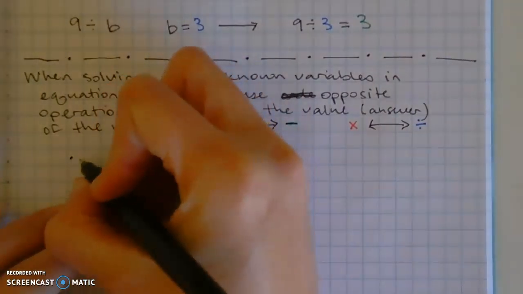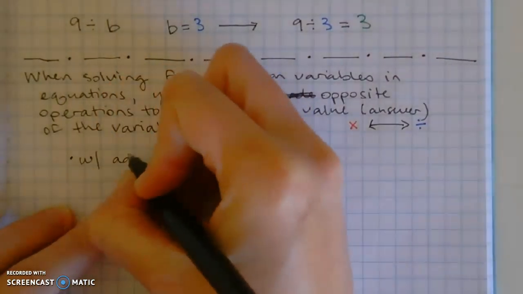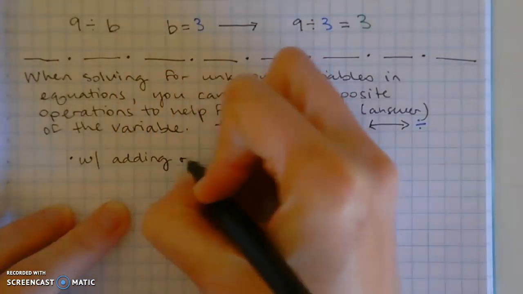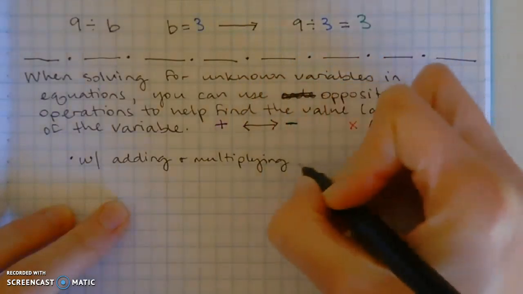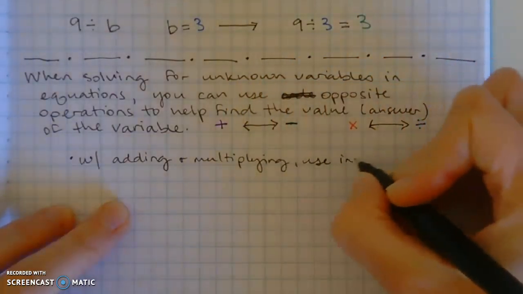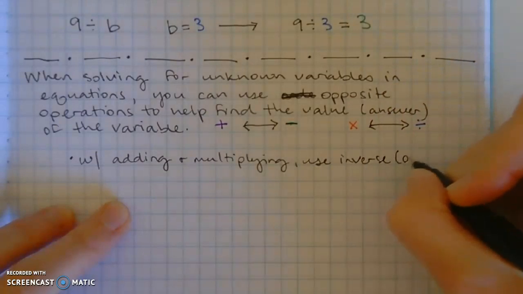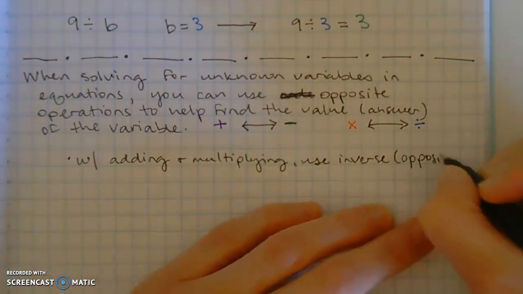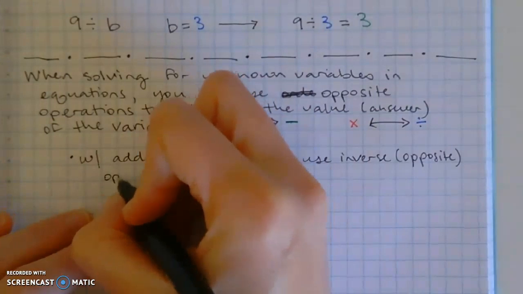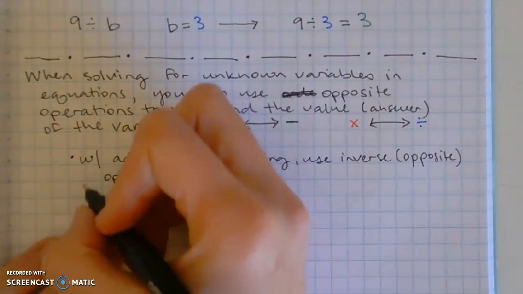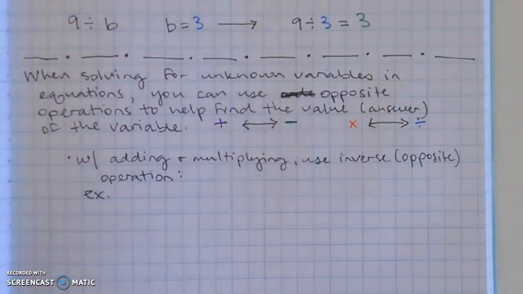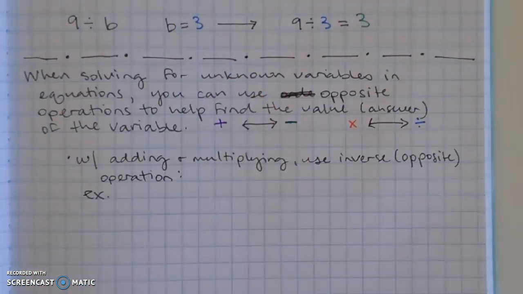So with adding and multiplying, use inverse, and that's the opposite operation. Okay, so here are our examples for that. All right, so I'm going to try to write my problems in different colors so you can see them a little bit easier.